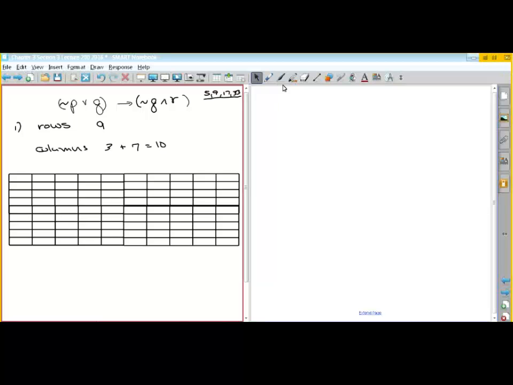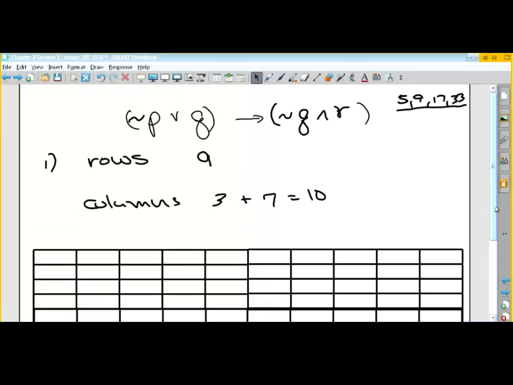So there it is. I think I'm going to have to put this on one page. It's too small.